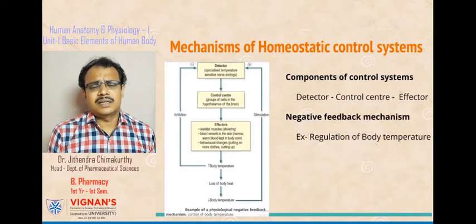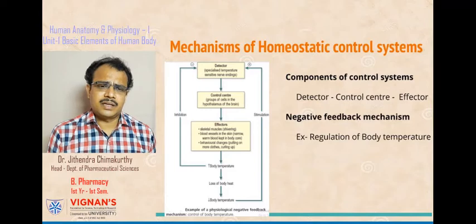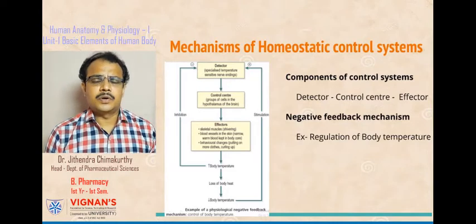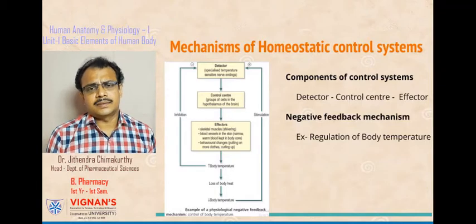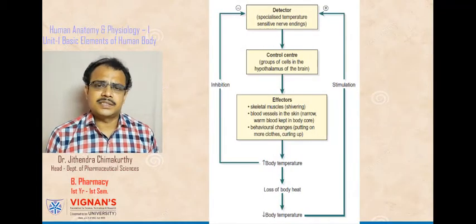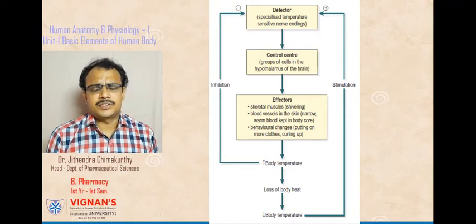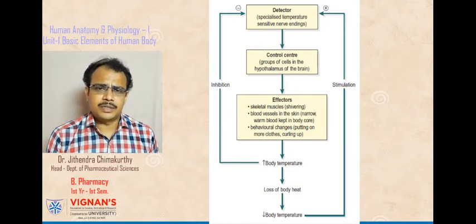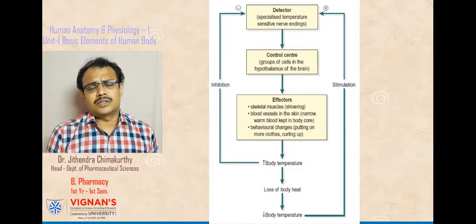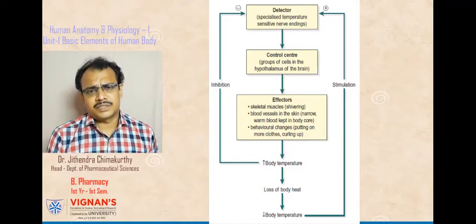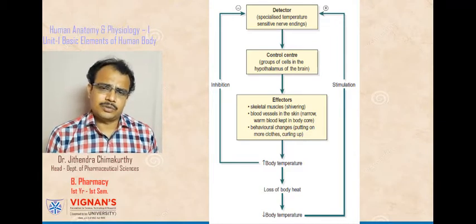For example, let's see the negative feedback mechanism which is involved in regulating the body temperature. There are various sensitive temperature sensing nerve endings which will detect the temperature within the body. For example, if there is a reduced body temperature, these nerve endings will be stimulated and they relay the information to the control center, that is a group of cells which are present in the hypothalamus.